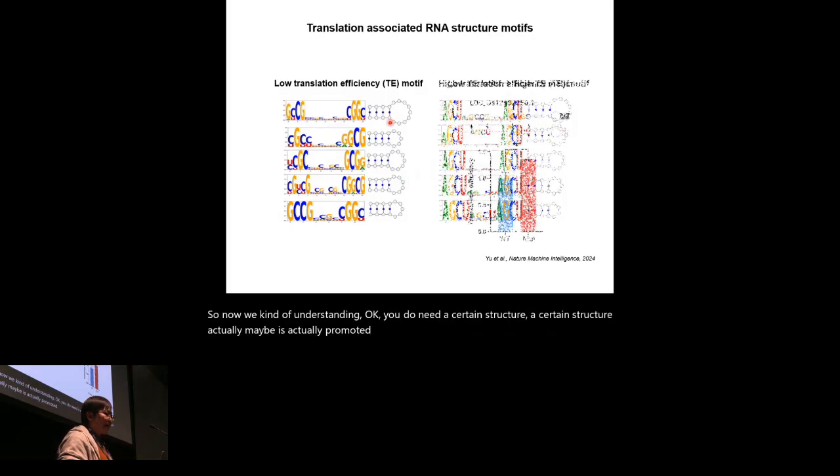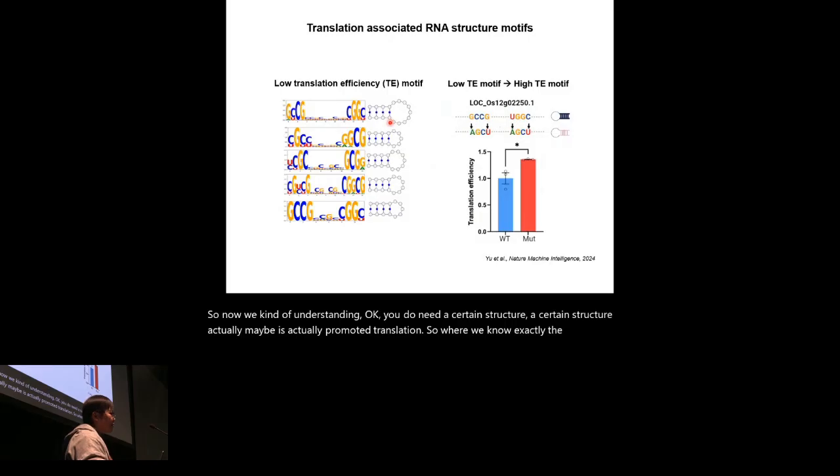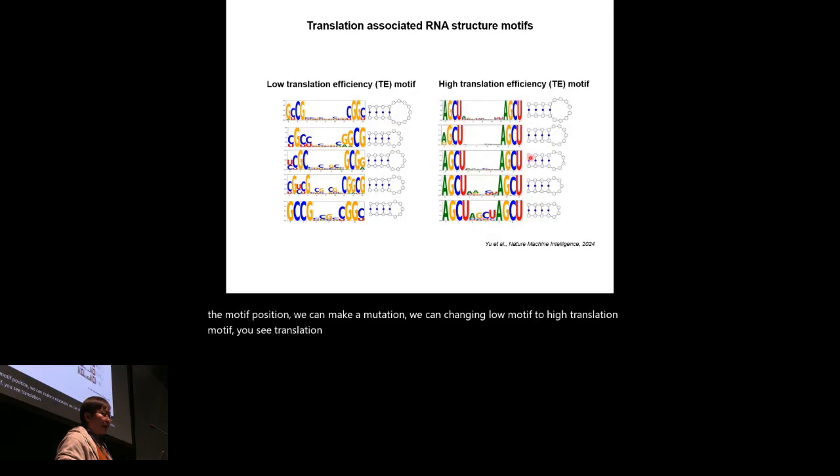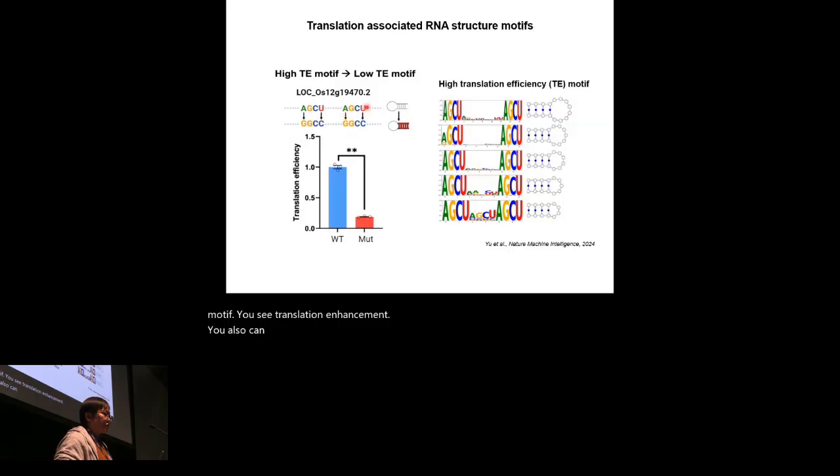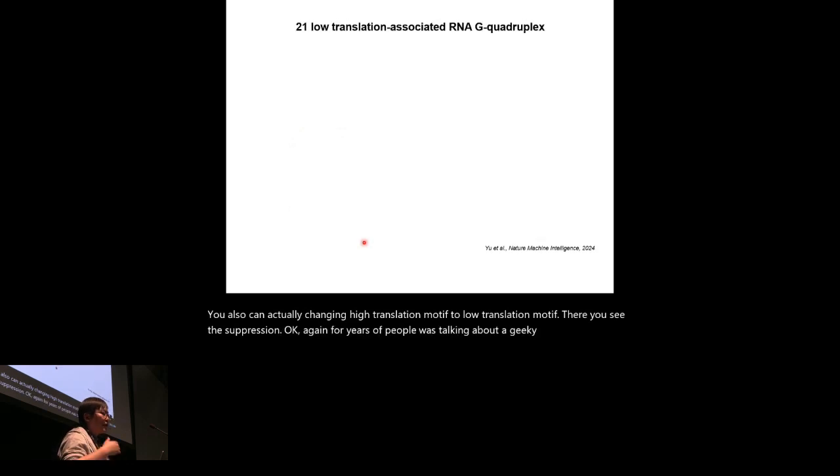When we know exactly the gene and exactly the motif position, we can make a mutation. We can change a low translation motif to a high translation motif, and you see translation enhancement. You can also change a high translation motif to a low translation motif, and there you see the suppression. Again, for years people have been saying G-quadruplex regulates translation, inhibits translation, right?